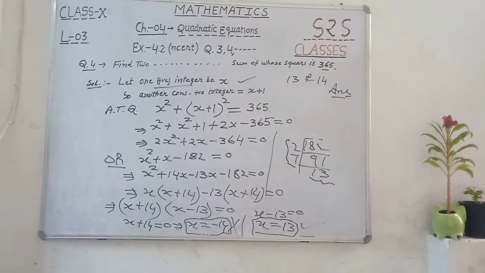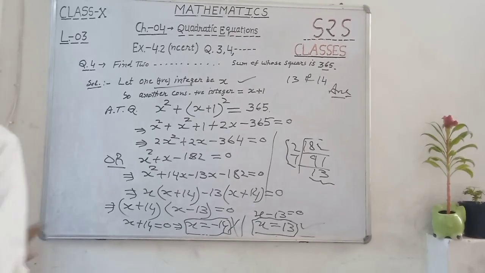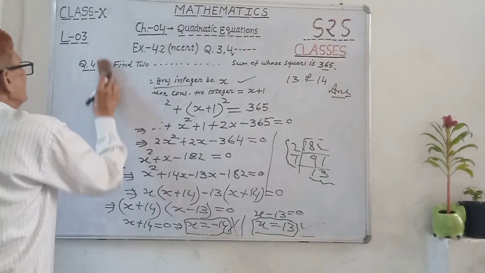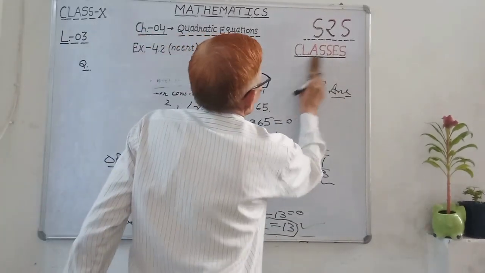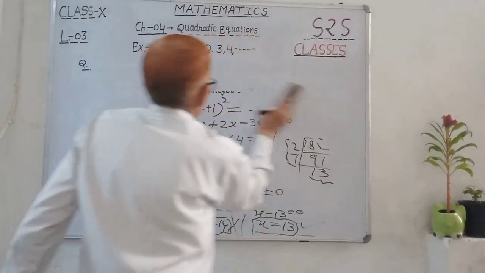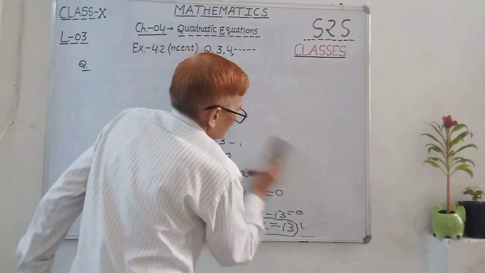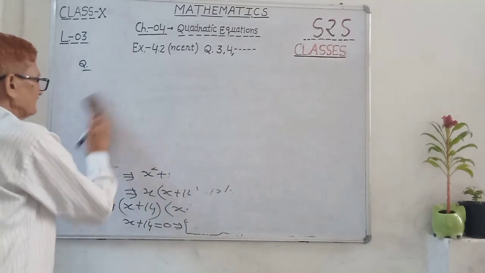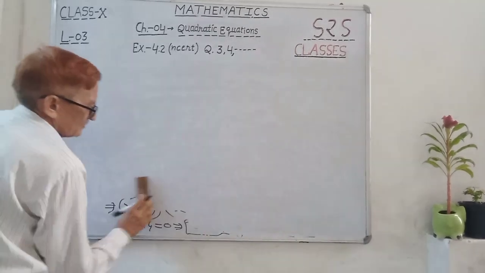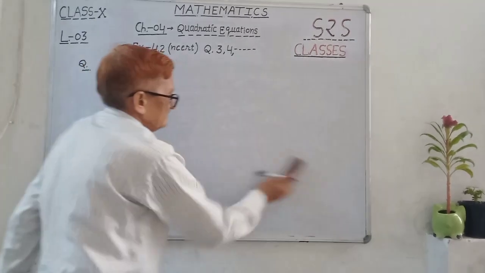Next question. Question number 5. Understand the statement and let one quantity, and according to the question condition we have to make the equation.